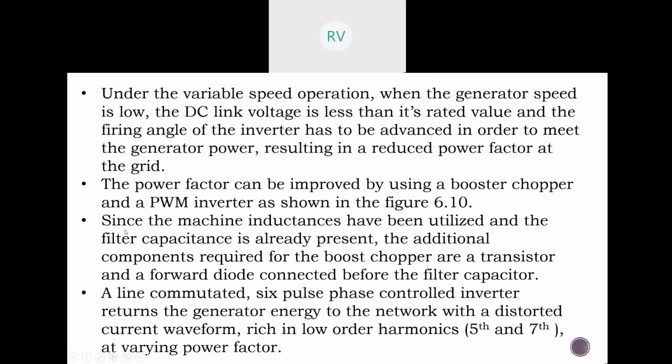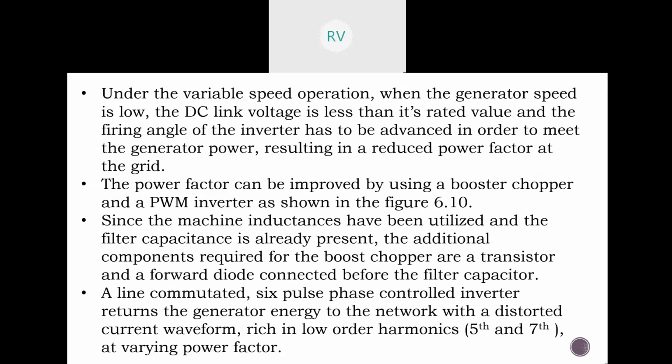A line commutated 6 pulse phase controlled inverter returns the generator energy to the network with a distorted current waveform, rich in low order harmonics, at varying power factor. The only thing we need to keep in mind is that whenever we go for this additional power electronic equipment, lower order harmonics will again be injected into the system, so we will have a distorted wave instead of a normal wave.